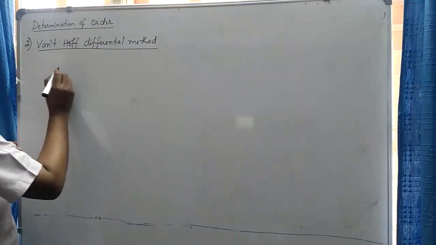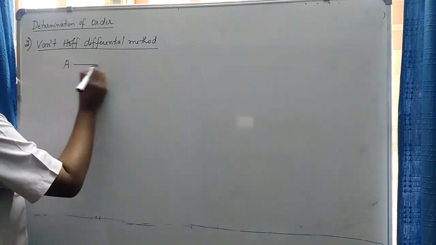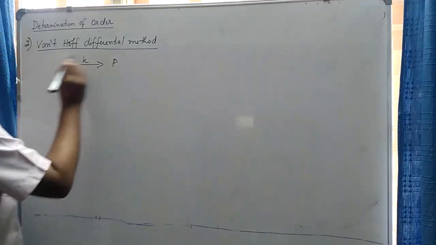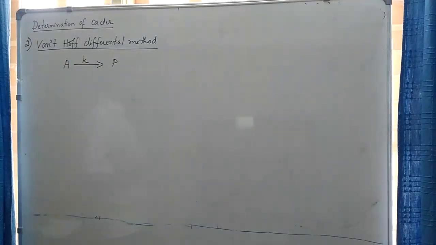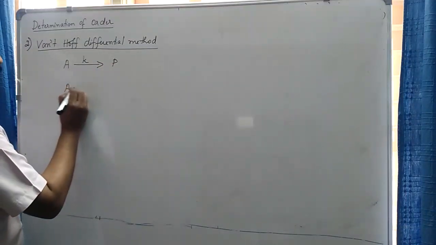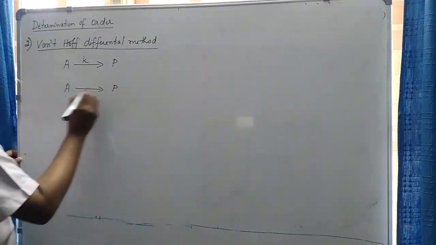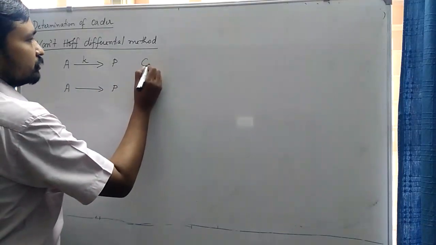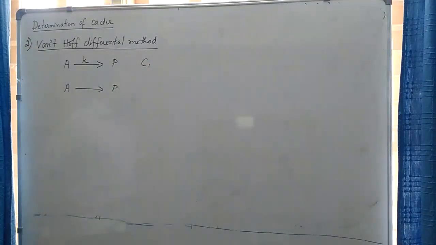Again we are using the differential form of the rate equation. Suppose we have a reaction A giving product, and the rate constant of the reaction is K. Suppose I carry out the same reaction at two different concentrations. This is the reaction carried out at concentration C1 of the reactant.